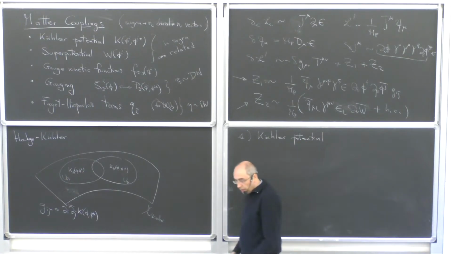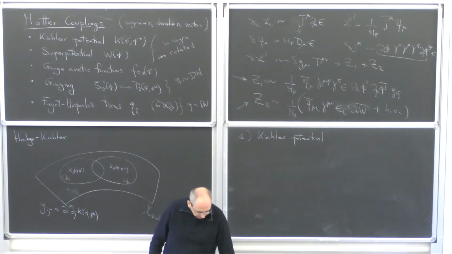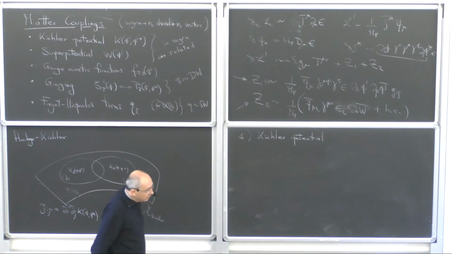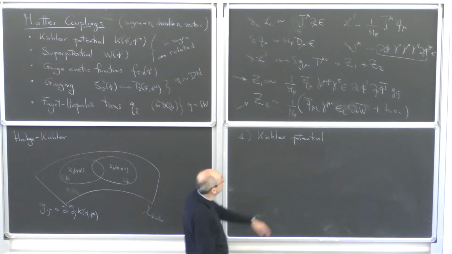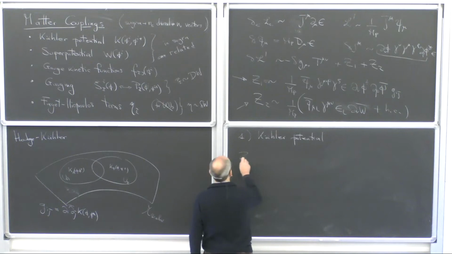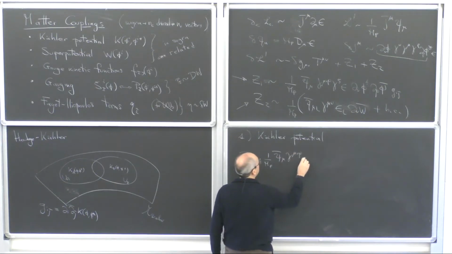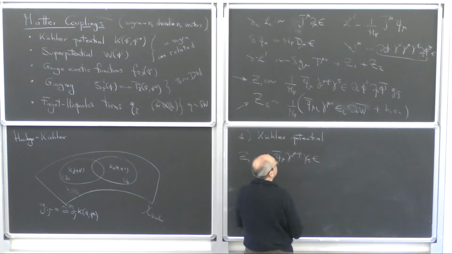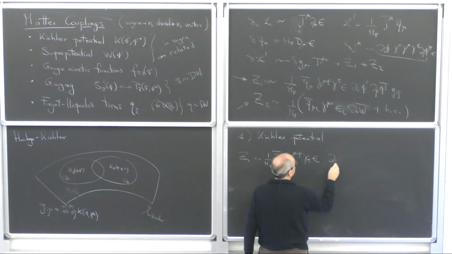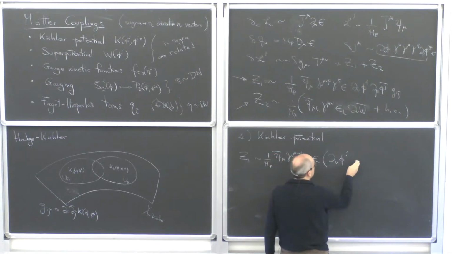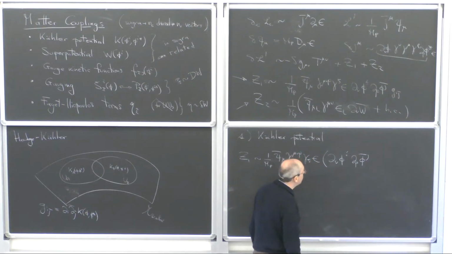So if you look at that Z1 term, it contains two derivatives of the gravitino, I have the gamma matrices, epsilon, and here I have, and this is the part where I want to focus myself, derivative of phi, derivative of phi bar, or phi star, whatever, I mean the conjugate, and then the metric.